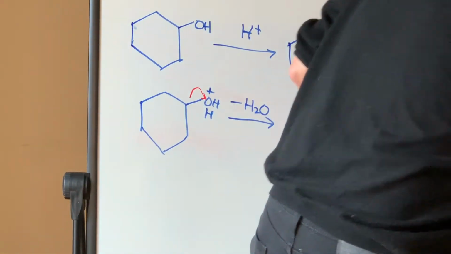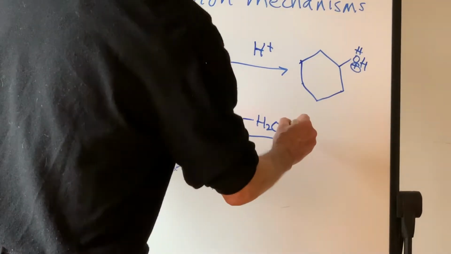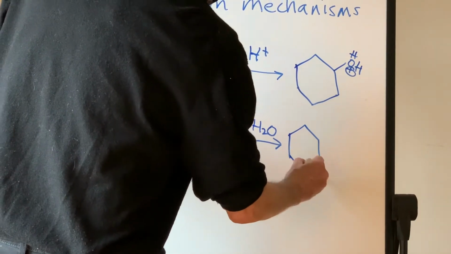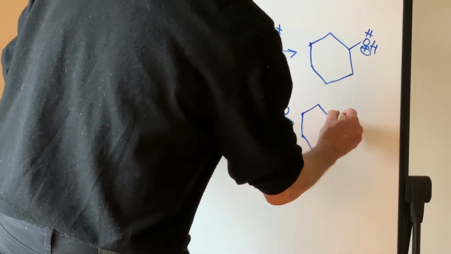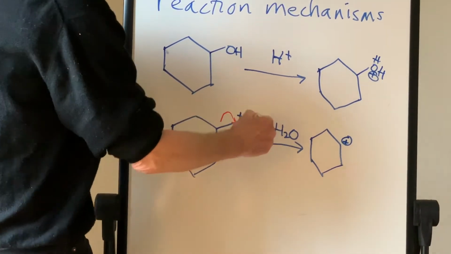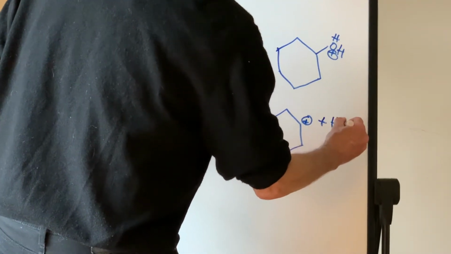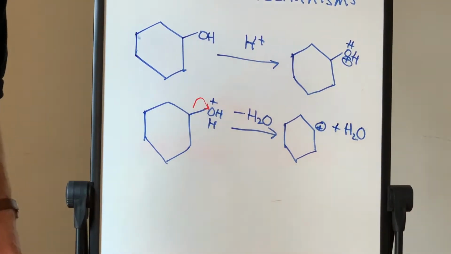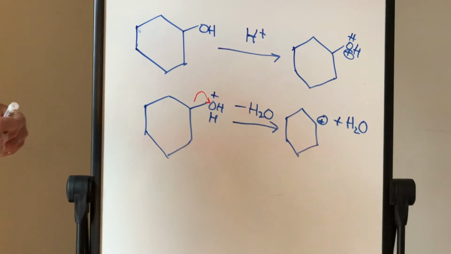I will emphasize this again and again because it's a very useful thing to understand. If that curved arrow is realized, the carbon that had anchored the protonated hydroxyl now has a positive charge. So I'm representing in that little circle a positive charge on the carbon.